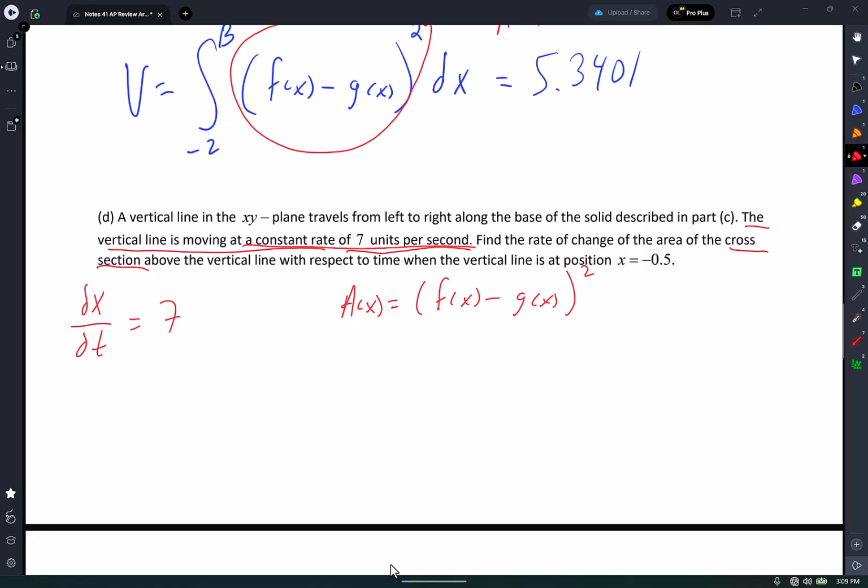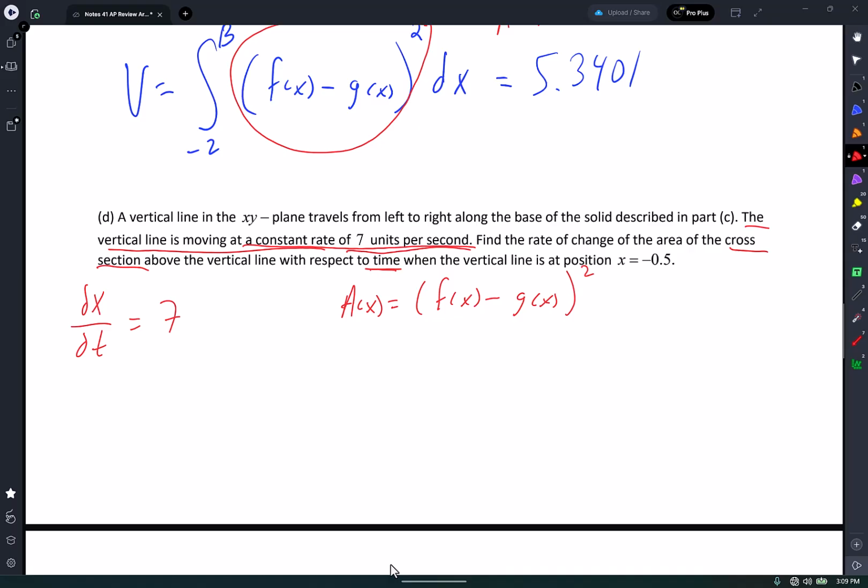And they want to know how fast, look what this says, find the rate of change of the area of the cross section. So I need to take a derivative of A of X. With respect to what? No, not X. T. Find the rate of change of area of the cross section above the vertical line with respect to time.